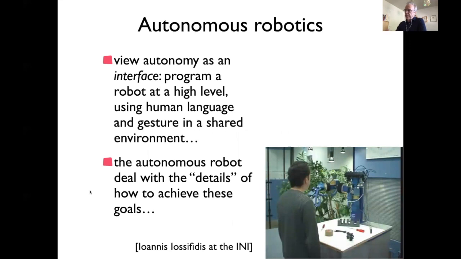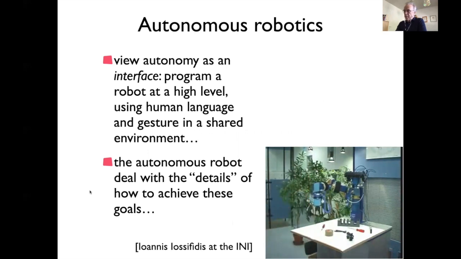And so that is actually a very plausible use case in which the autonomy is essentially setting up an interface. So you still program the robot, but you program it now at a high level by talking to the robot with human language, maybe with gesture, both immersed in a shared environment, an assistant robot. And autonomy then consists of the robot filling in the details.